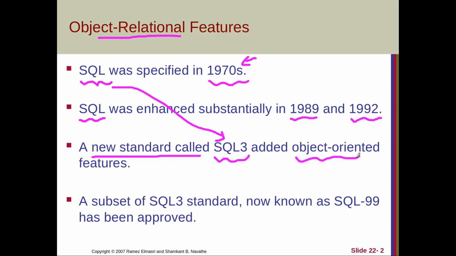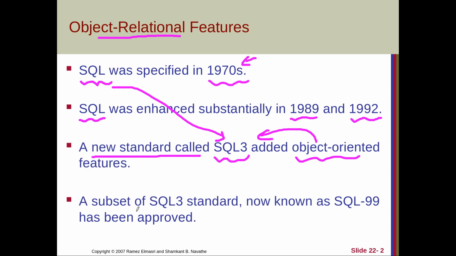So SQL 3 is a new relational standard with object oriented features added. SQL is the basic traditional standard for only relational database systems, and SQL 3 is an enhanced standard with object oriented features also added.